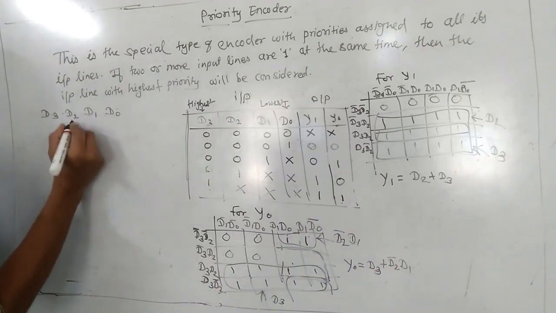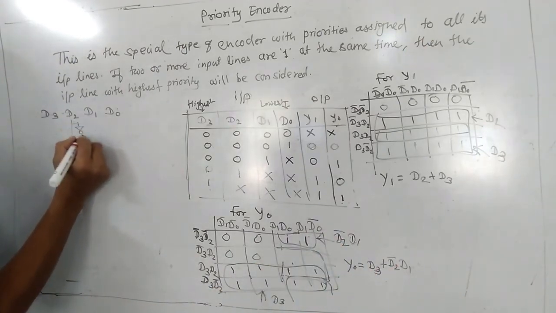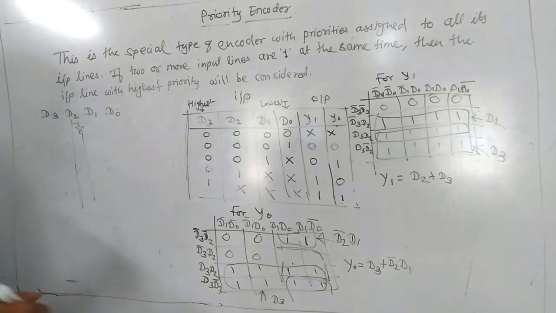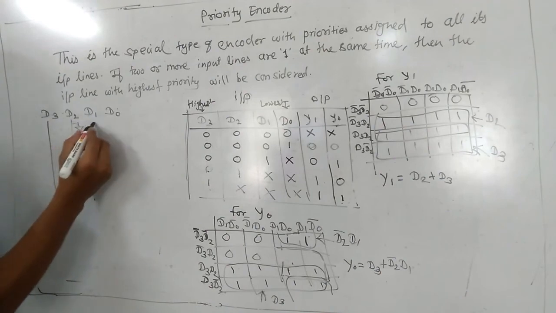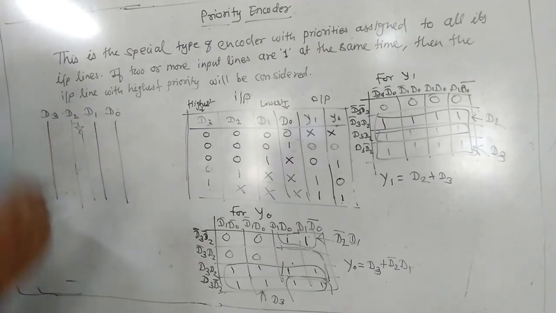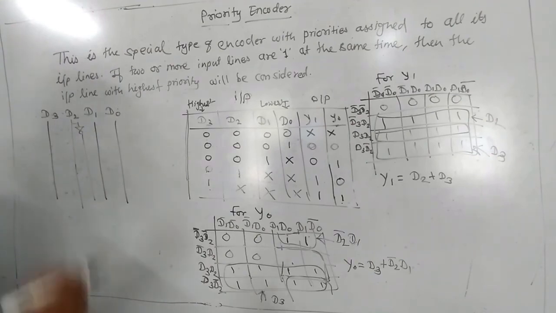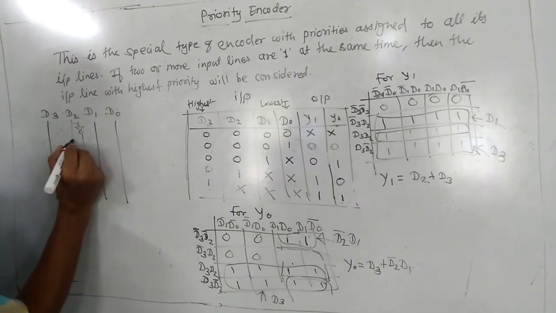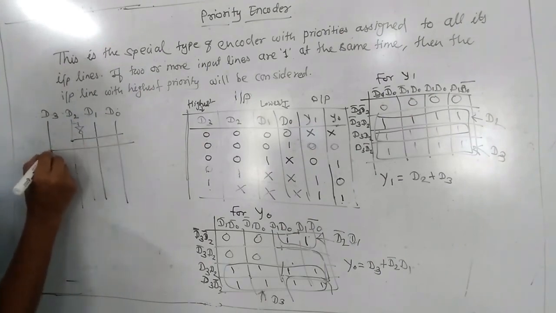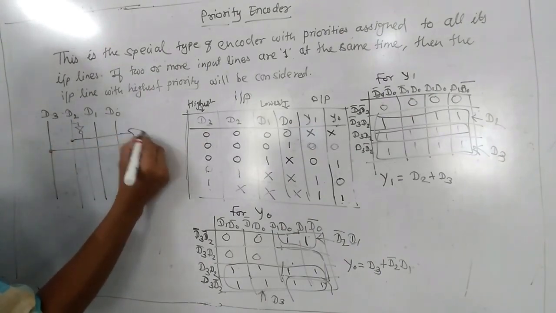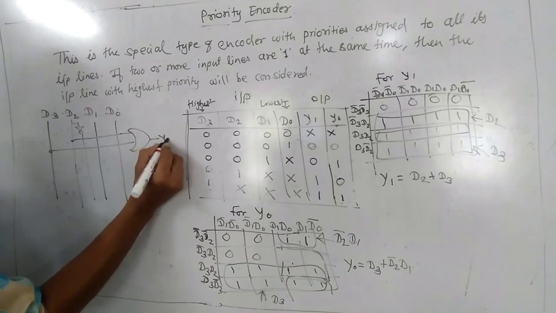So we have taken the complement of D2 only, and all other inputs are in the uncomplemented form. Now our output Y1 is D2 plus D3. So here D2 plus D3, an OR operation. So here we get output Y1.